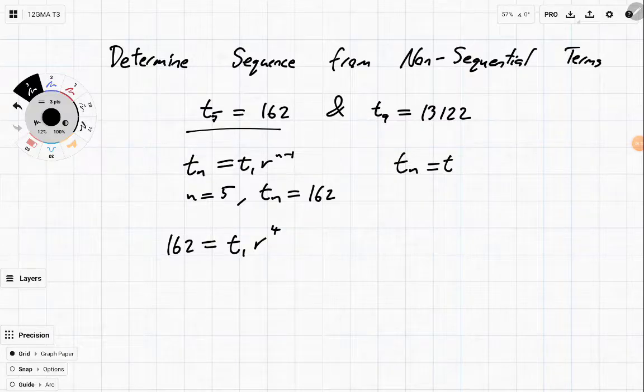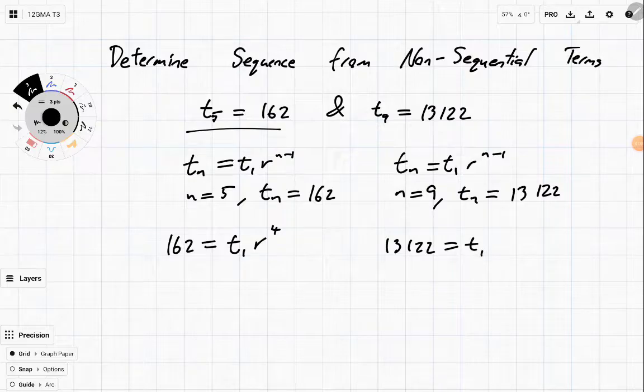Tn equals T1 r to the n minus 1. n is equal to 9, Tn is equal to 13,122. So 13,122 on the left is equal to T1 r to the 9 minus 1, which is 8. So this is equation 1, and this is equation 2. Now we're ready to solve.